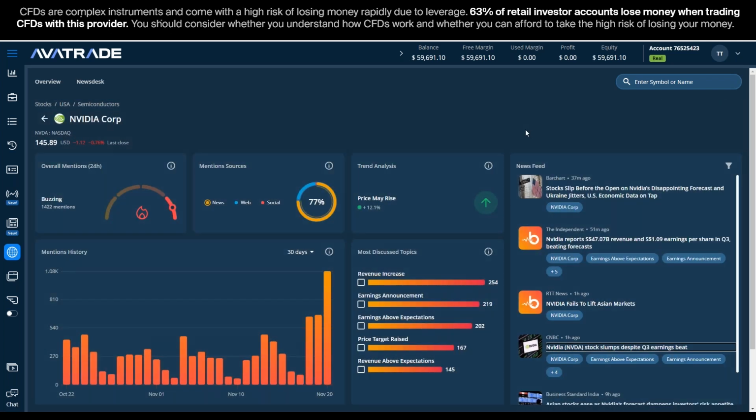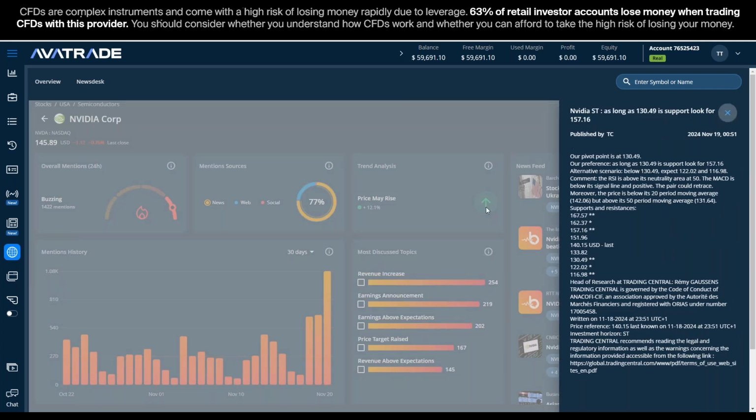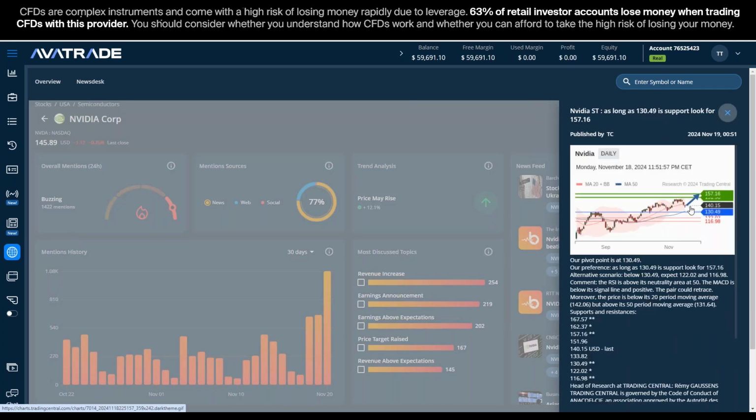So within 10, 15 minutes, you can see the most recent news about whatever instrument you want to trade on and have an idea as to whether you'd want to follow, for example, the trend analysis. In this case, I feel like the trend analysis was based on technical analysis that was looked at maybe before this most recent news came out, because the two articles we just looked at are working against this rise.